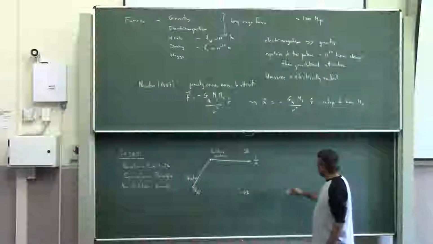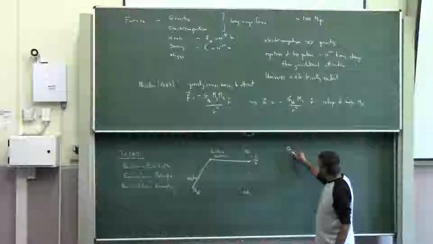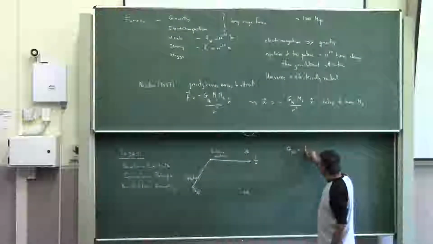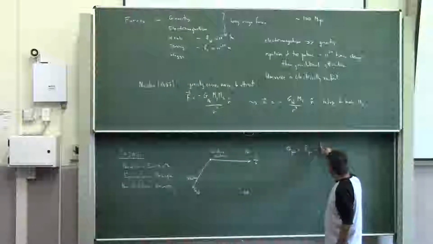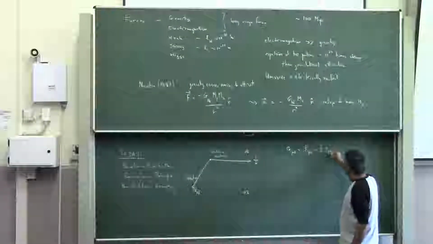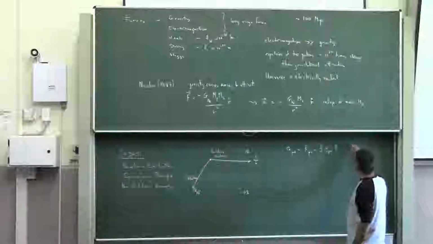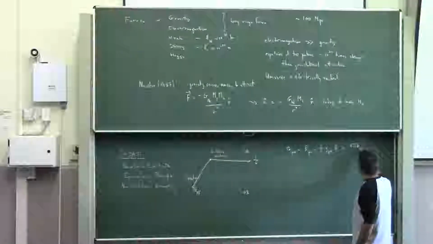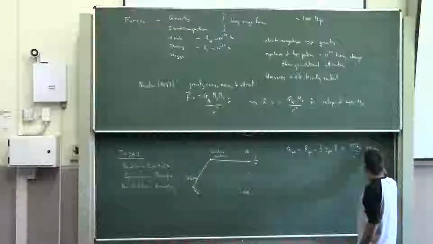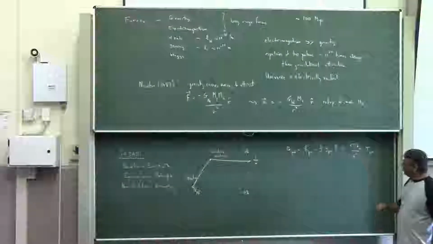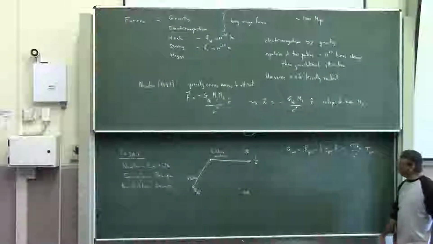So in general relativity, there's a famous equation. G mu nu, which is R mu nu minus 1/2 g mu nu R, is equal to 8 pi G Newton over c to the 4th times the stress-energy tensor T mu nu. So this is a tensor equation. The details really don't matter.